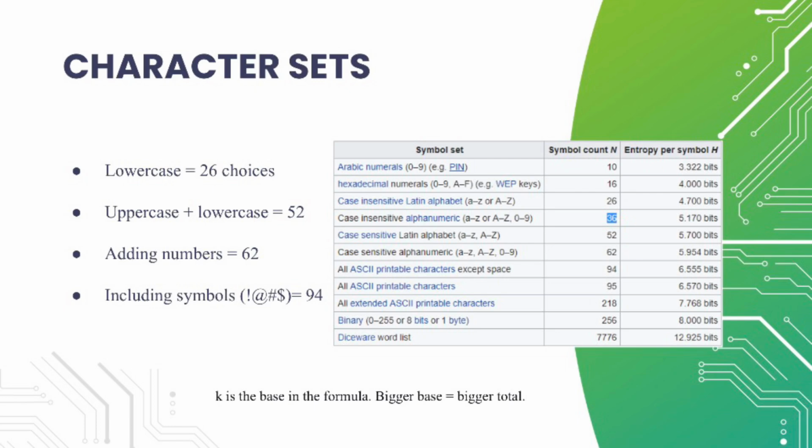If we use uppercase plus lowercase, that gives us 52 choices. And if we add numbers to that, we get 62 choices. And if we include symbols, that would bring it to about 94 choices. So every time we add more types of characters, we increase k, which increases the total number of possible passwords, making a stronger password.